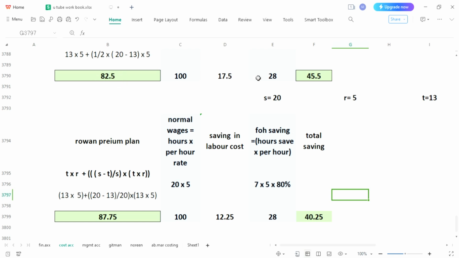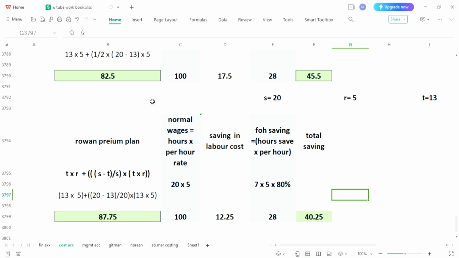How much time have you saved? 7 hours, with which an amount of 28 has been saved, and you have even saved the amount of wages as well, 17.5. So Halsey would be most favorable if you are working as a manager or you are running your business where you are manufacturing through labor. So for you, the Halsey premium method would be most favorable.